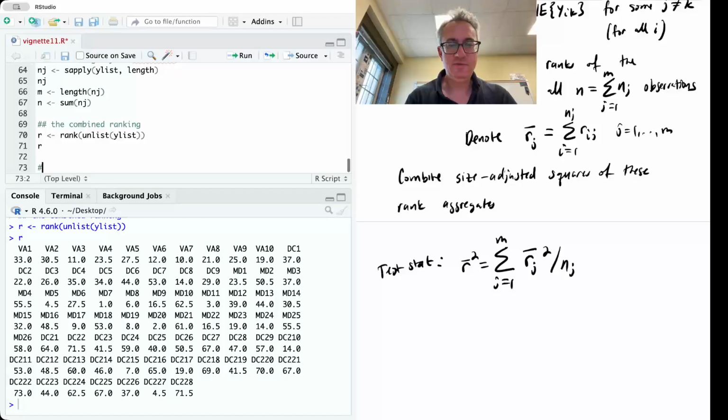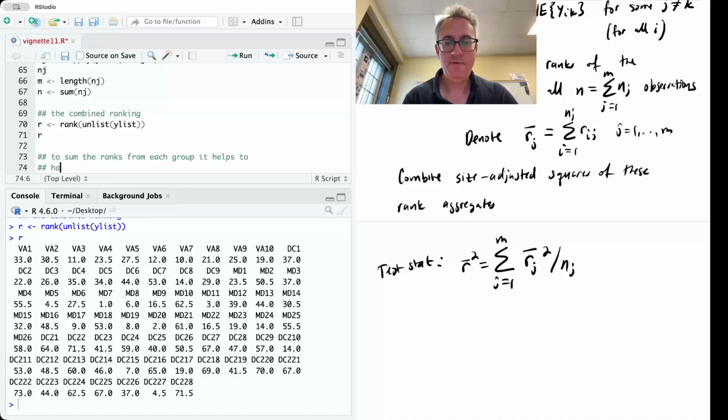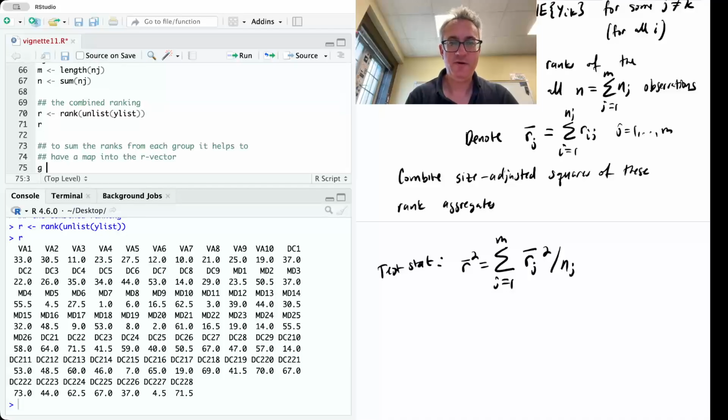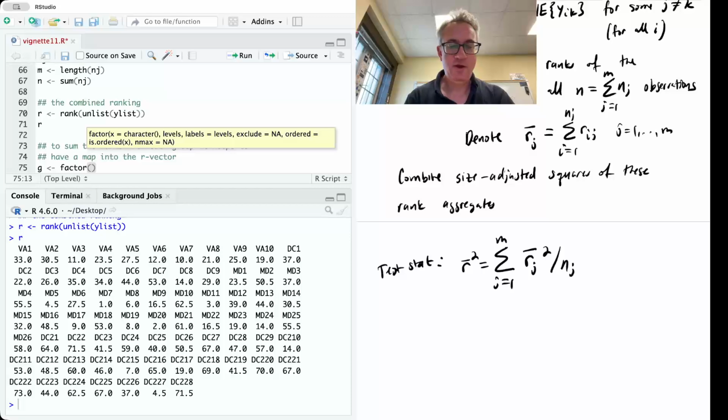And then to sum the ranks from each group, it helps to have a map into the R vector. By that I mean to make a vector called g for groups. Just check out what this does.